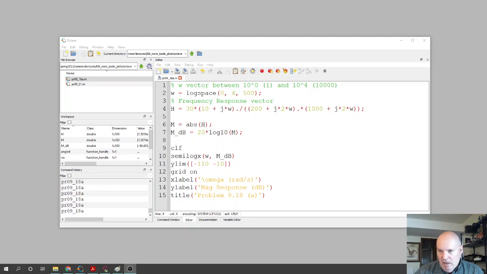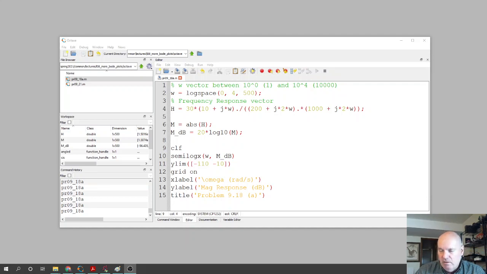I could have actually written this in one line, just 20 log10 of the absolute value of H, but I separated out the linear magnitude response and then the response in dB. And the rest of this is actually just plotting. Notice that instead of using plot, w versus the magnitude response in dB, I use semilogx, so it'll be more similar to our hand-drawn plot.